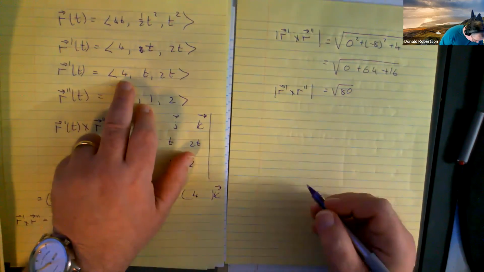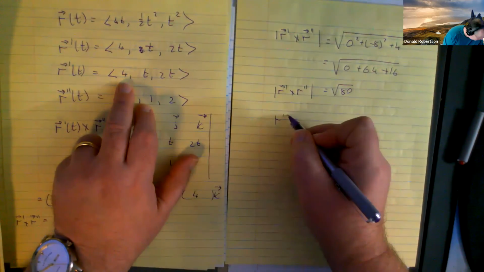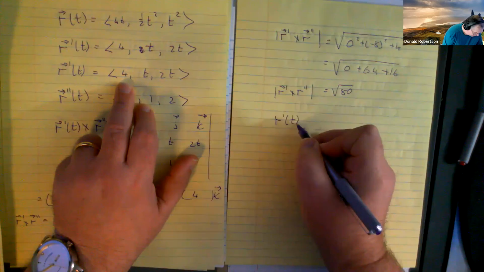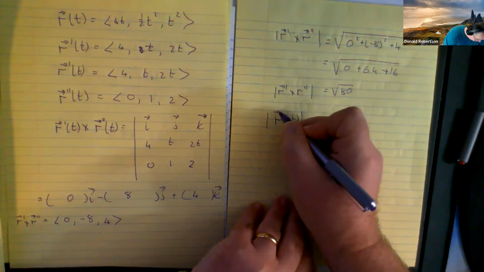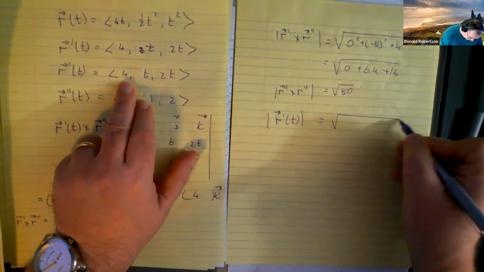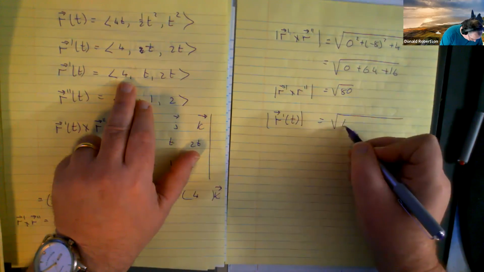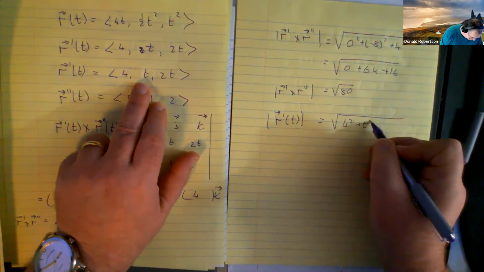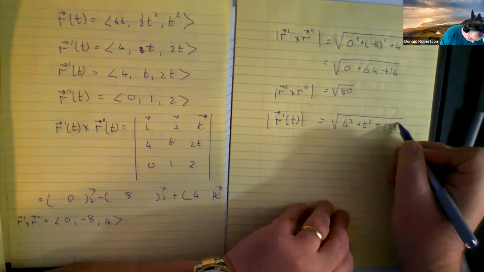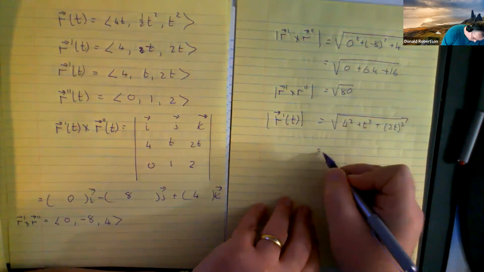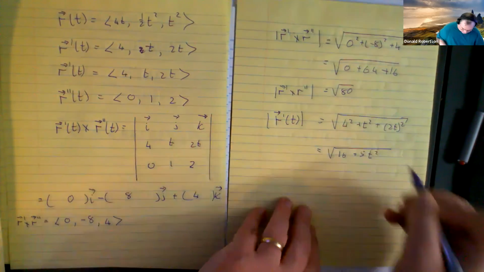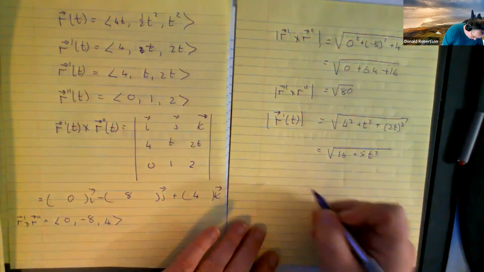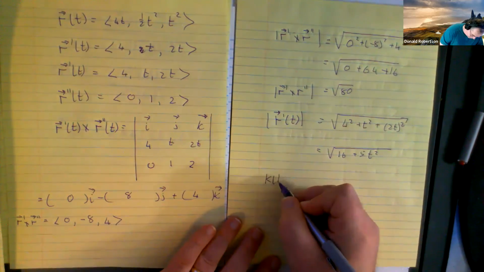Our first derivative is this guy. I want to find its magnitude. And it's going to be 4 squared plus t squared plus 2t squared. I know I'm going through this, but I'm trying not to use your time up. It's that guy.